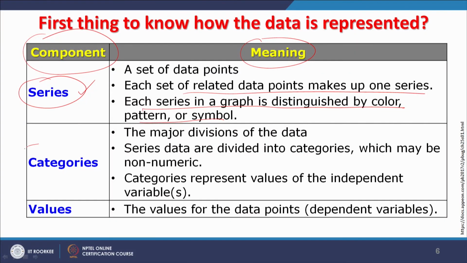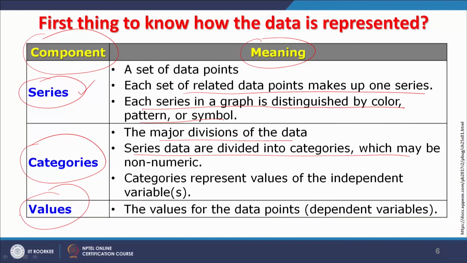Another thing is the categories, what kind of categories in the data, the major divisions of the data. The series data are divided into categories which might be non-numeric, and categories represent values of the independent variables. So, one has to understand first the data and then appropriate graphs should be prepared.